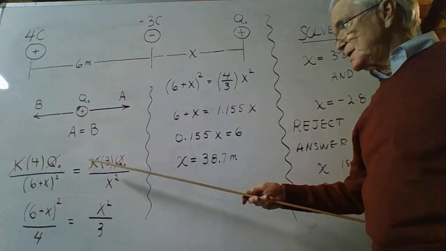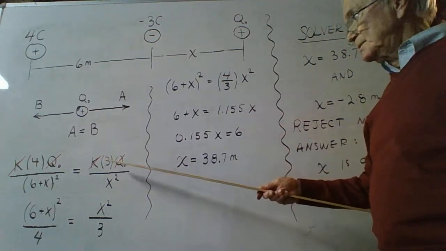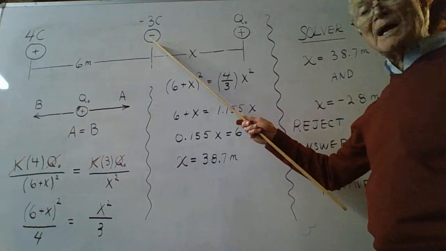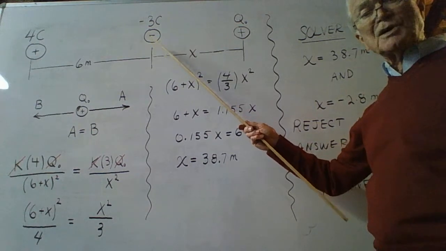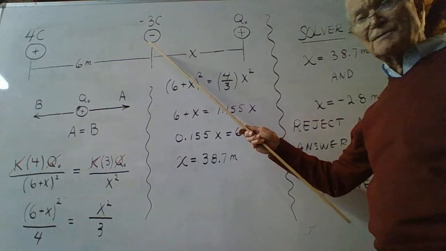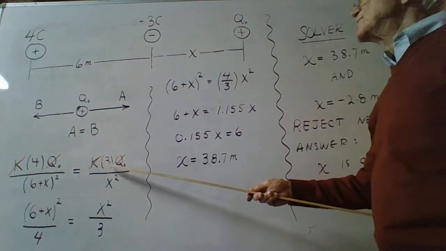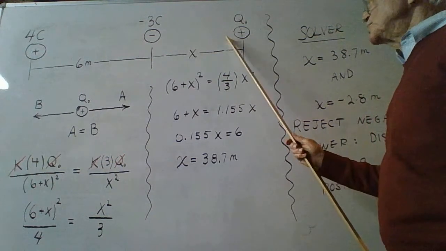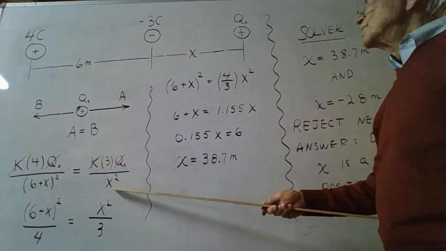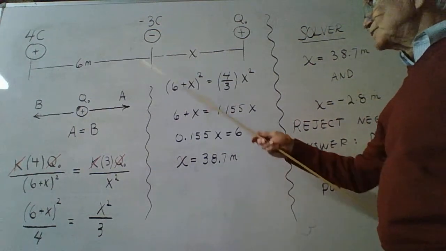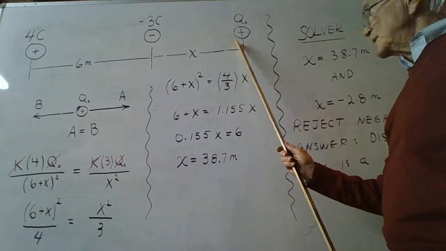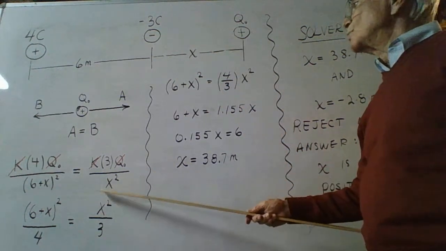Here's your K, here's your Q. Don't forget we're using absolute values of the charges that appear in our KQQ equations. So it's K times positive 3 times Q naught, KQQ over distance squared. In this case, the distance is from here to there, a distance x, it gets squared.